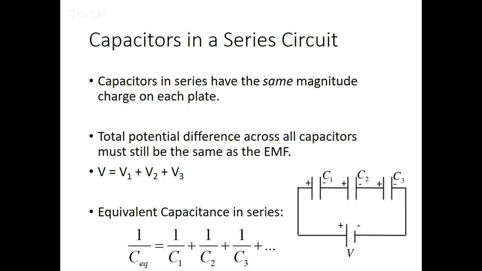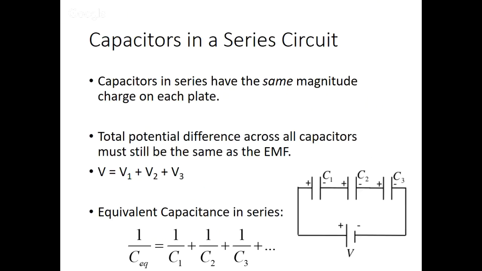When you've got capacitors in a circuit, if they're in series, they've got the same magnitude charge. This is when I pulled people up in front of the classroom, put together a circuit with a bunch of strings, and each person was a plate of a parallel plate capacitor.